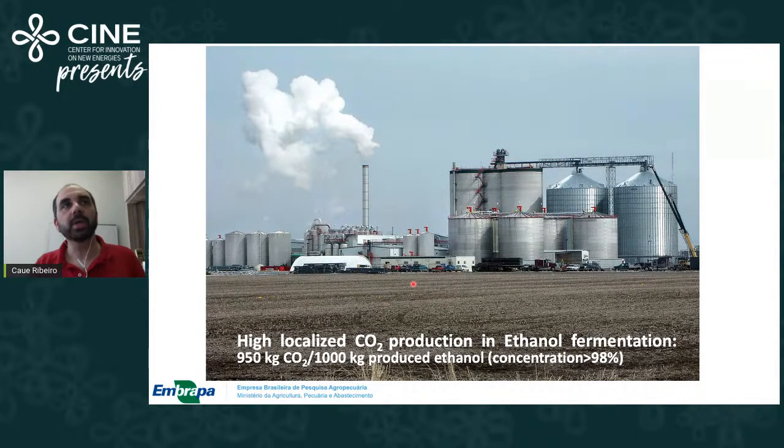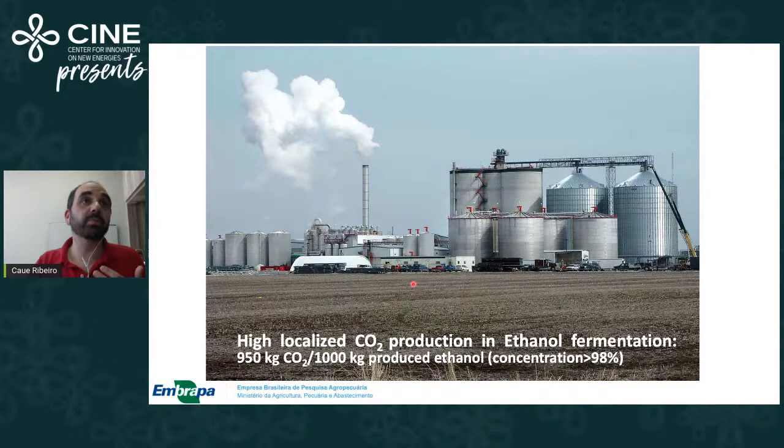For example, this is the stream of CO2 that you can see in ethanol production, which nowadays is producing almost 1 kilogram of CO2 per 1 kilogram of ethanol during the fermentation step, not during the burning of bagasse.